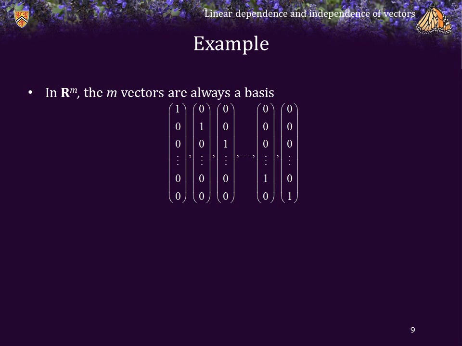Now, if we're in R^m, if we consider the m vectors where the first has all zeros except for in the first entry, the second has all zeros except for in the second entry, and the kth has all zeros except for the kth entry, this is always going to be a basis.